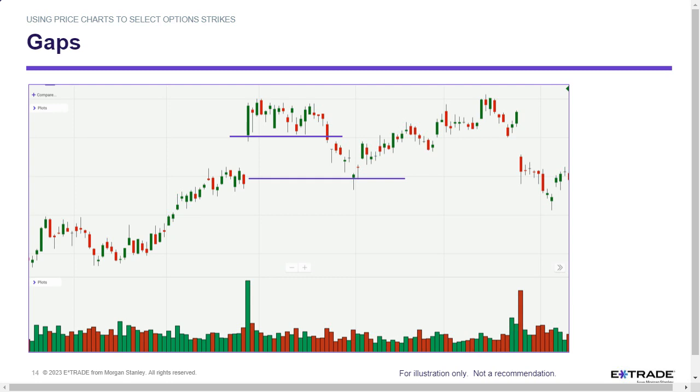Now, I say substantial, and I'm going to have to define this a little bit more, because if I look closely at this chart that's on your screen right now, the fact of the matter is there are gaps between just about every period from one to the next. But I think we could agree that most of them are not significant.